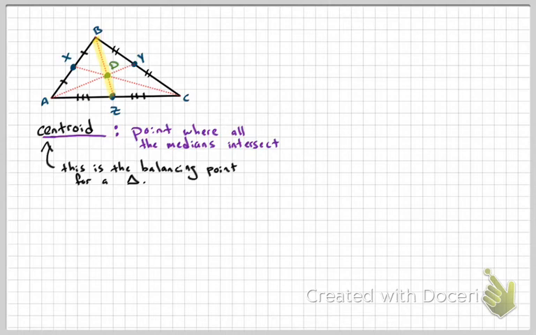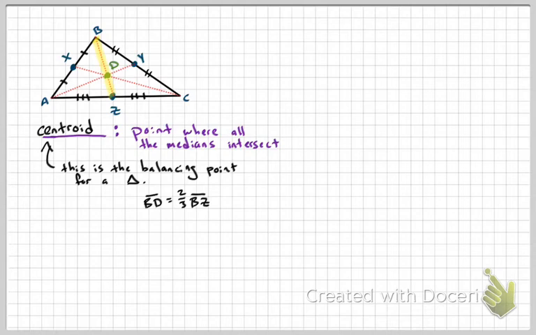So what do I mean by that? I mean that the length of BD is equal to 2/3 of the length of BZ. So the distance from the vertex to the centroid is always 2/3 the length of the median.